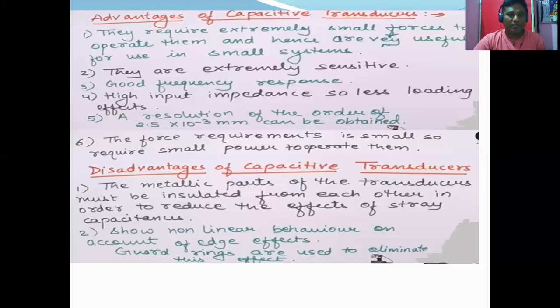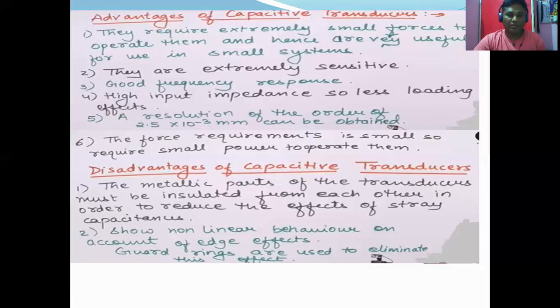The next part is the disadvantages of capacitive transducers. The first one is that the metallic parts of the transducer must be insulated from each other in order to reduce the effect of stray capacitance.